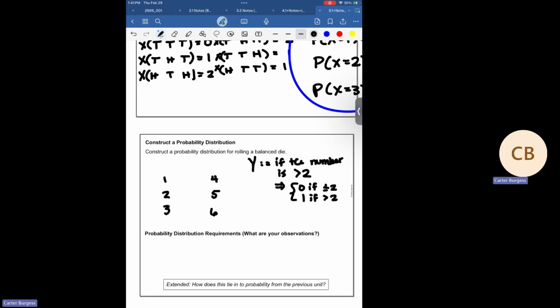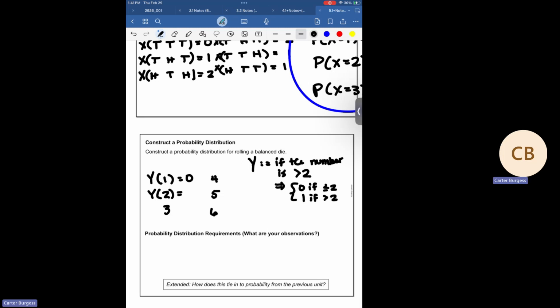What is then the value going to be of our random variable for the outcome of 1? It is going to be 0. Is 1 greater than 2? No. Therefore, our random variable is 0, to denote that no, it is in fact less than or equal to 2. What's our random variable going to be for 2? Also 0.